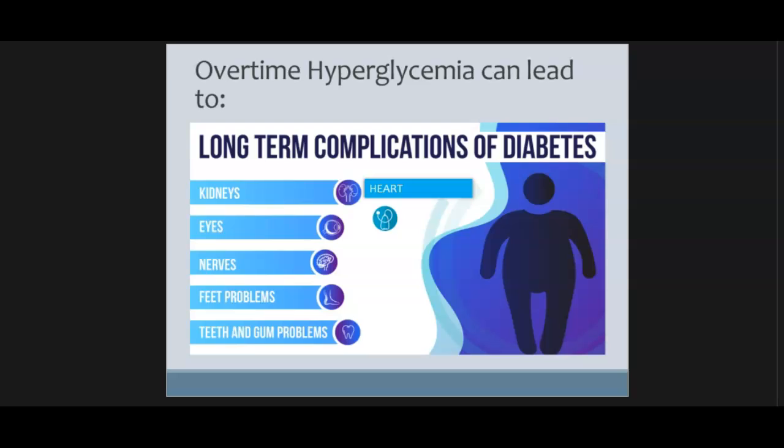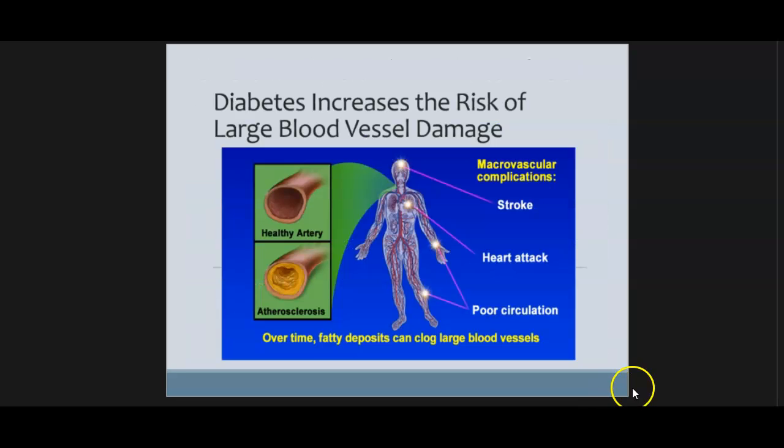They can also have high triglycerides, which is a type of fat in the blood, which will also affect their cholesterol, the ratio of good and bad cholesterol. So these are comorbidities of diabetics. Some of what I just mentioned are macrovascular complications.